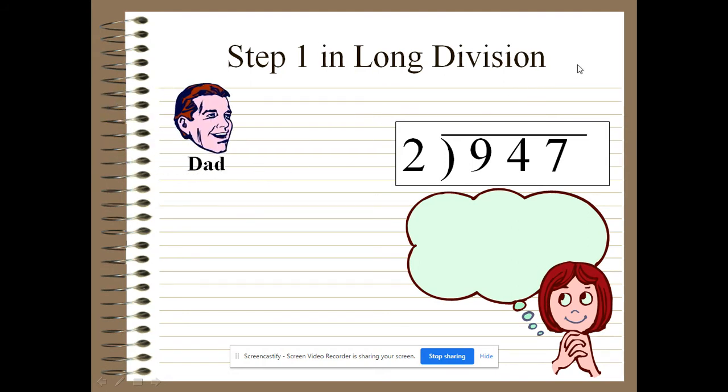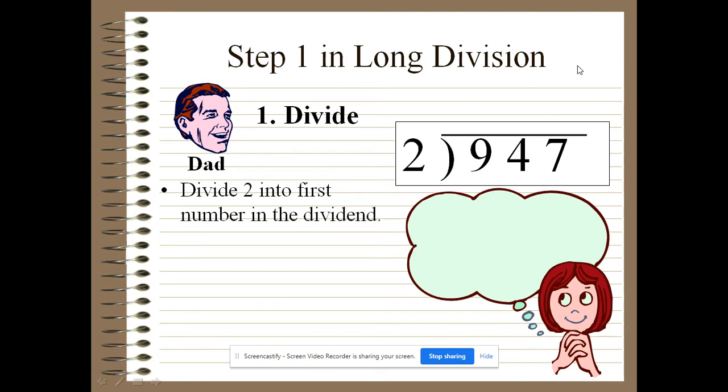We start out with dad, and dad divides. And he divides 2 into the first number in the dividend. The first number in the dividend is the 9. And basically, dad is dividing the 9 into 2s. How many 2s are in 9? If you skip counting by 2s, it would be 4, right?